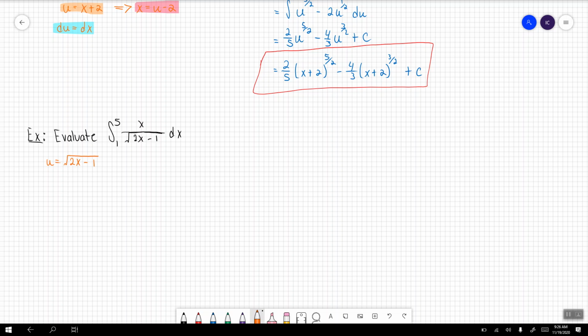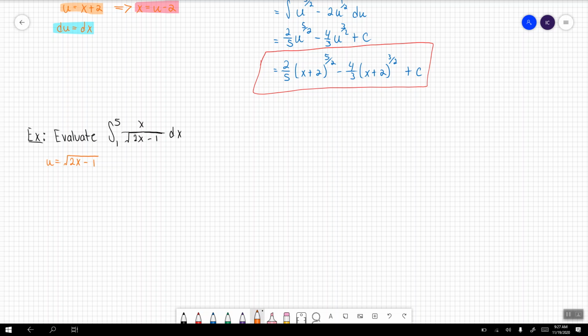Well, if that is the u substitution, then when we take the derivative of the square root of 2x minus 1, it will slightly be more complicated, and it won't give us the differential that we need. And I will say that you are correct. So this is the initial substitution where if we anticipate what we want, we don't get exactly what we need. However, there is a way around this.